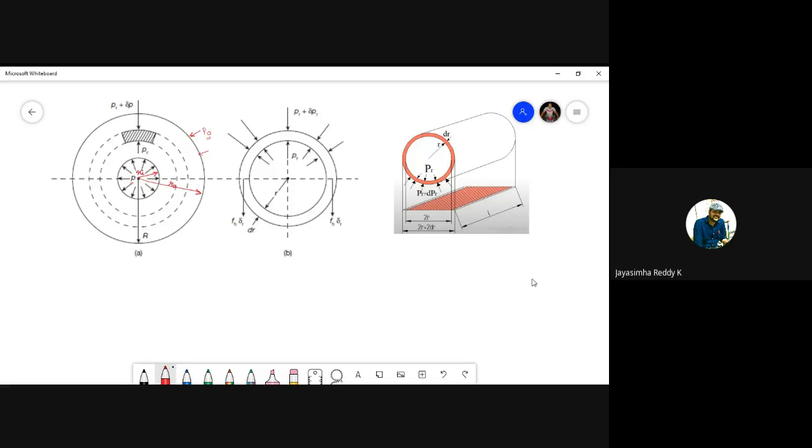Now in this thick cylinder, across the thickness, this is all thickness, right? So R0 minus Ri will be the thickness.